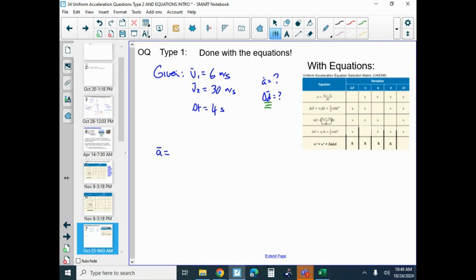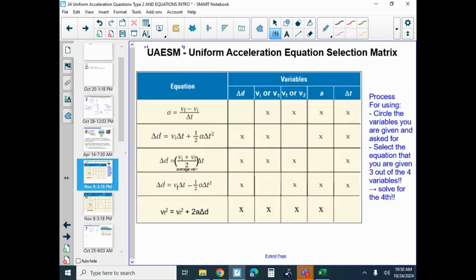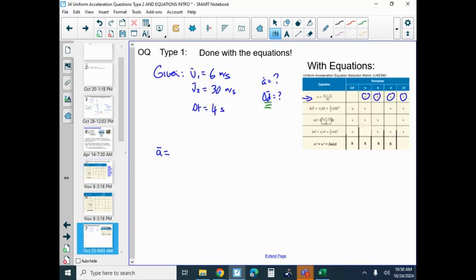It's a little hard to see here, but that's v1 and v2, or v initial and v final, the delta t, and we're looking for acceleration. So we're able to use that equation, which is these ones here. We're just going to say acceleration equals v2 minus v1 over delta t.